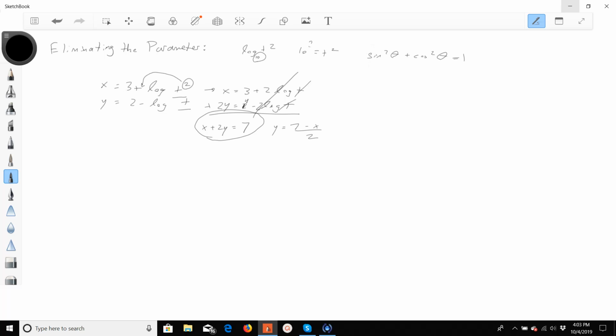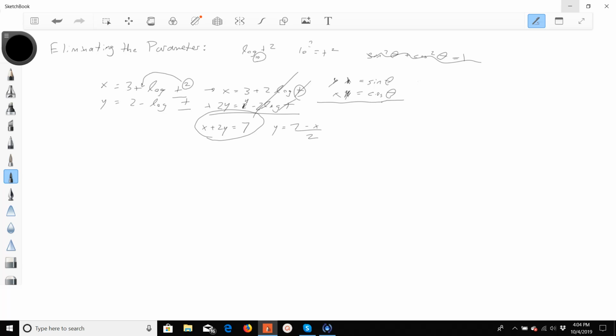Well, if they gave you x is equal to sine theta, they gave you y is equal to... Oh, x is never equal to sine theta. y is equal to sine theta. x is equal to cosine theta. And they said, get rid of that parameter there. Get rid of this theta, like how we got rid of this t here.